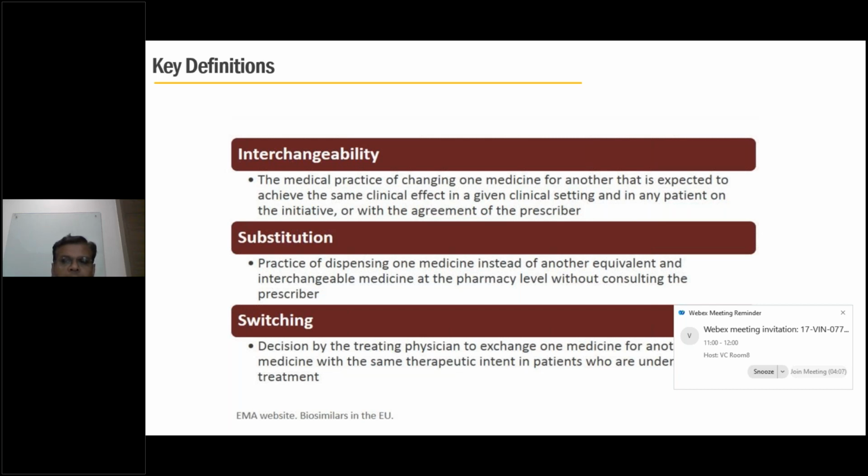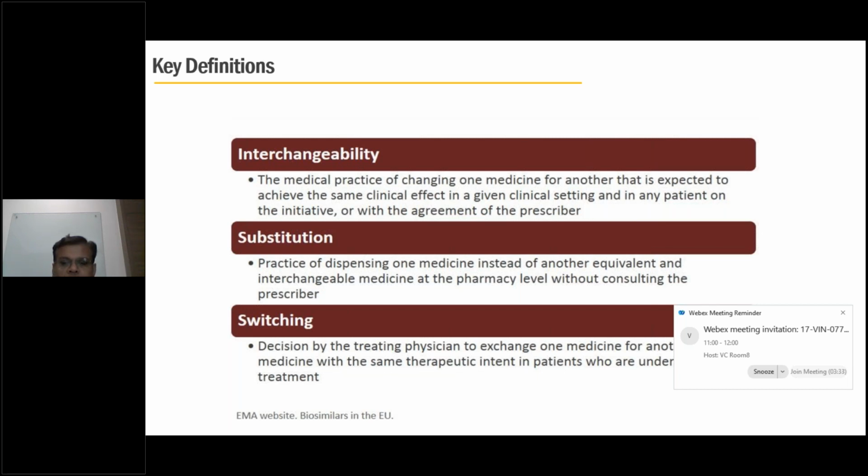Say one day you don't get that drug available, but the pharmacist at the medical shop would give you the same drug from company B, which we typically do for small molecules, right? If you don't get paracetamol of company A, you go for paracetamol of company B, and again after one week you get back to company A. That's the interchangeability which you do, which is not possible when we come to biosimilars.